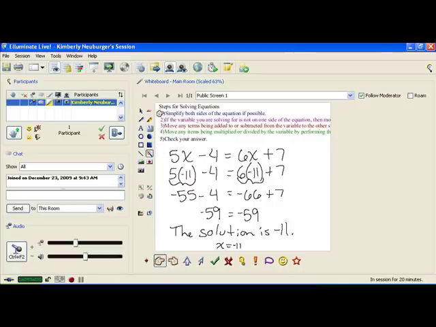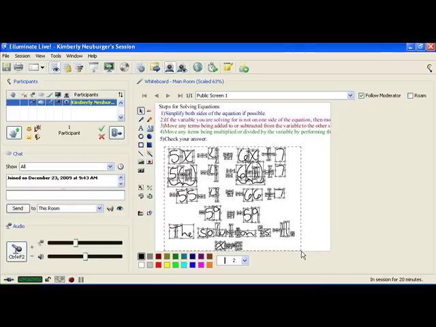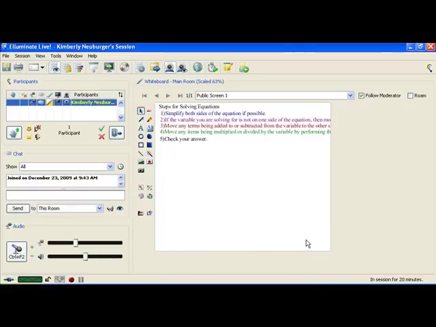We need to take a look at what happens if we also have step number 1 involved. So let's do another problem that's a little bit harder than the last few, and it involves all of the steps. That may be something that looks like this.